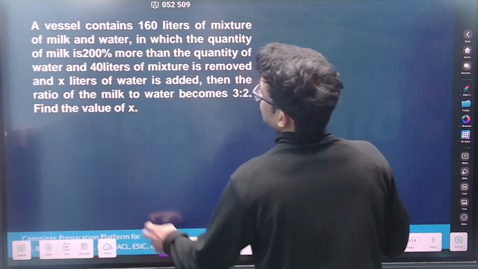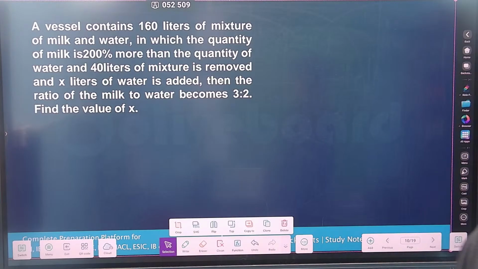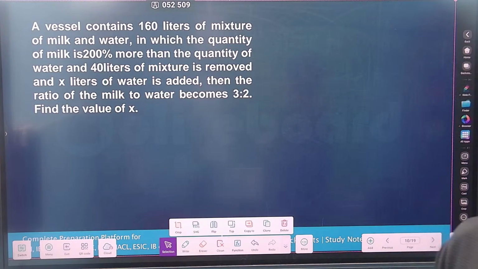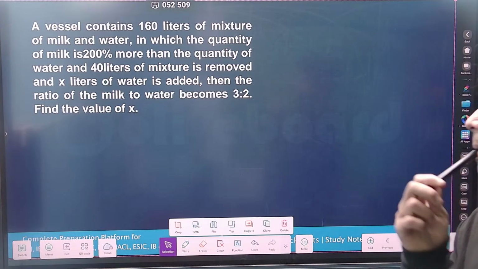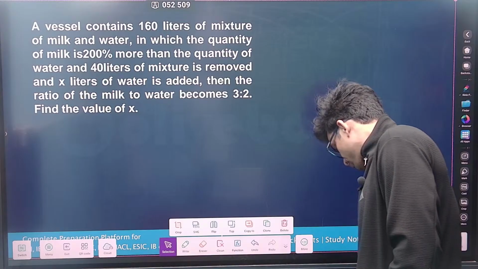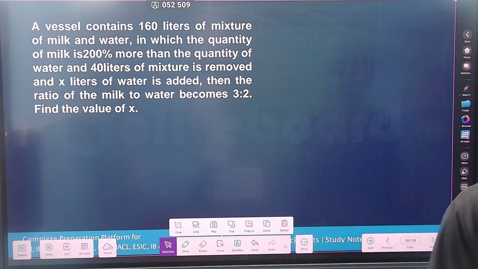Solve this question. Siddharth, because the effect of that replacement is seen in the increment of milk.